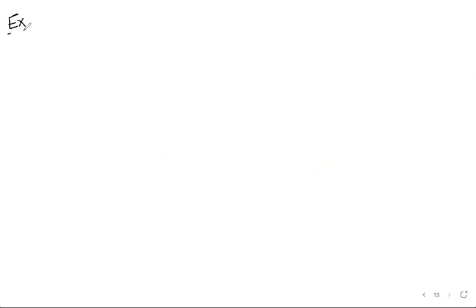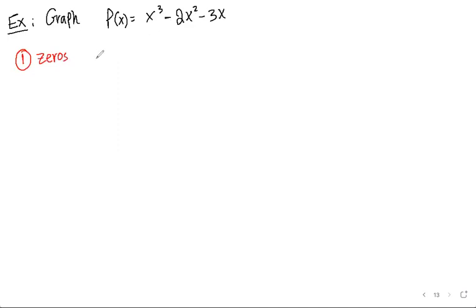Example 2, graph p of x equals x cubed minus 2x squared minus 3x. First step, we have to find the zeros. What are the zeros for this one? We can factor it.